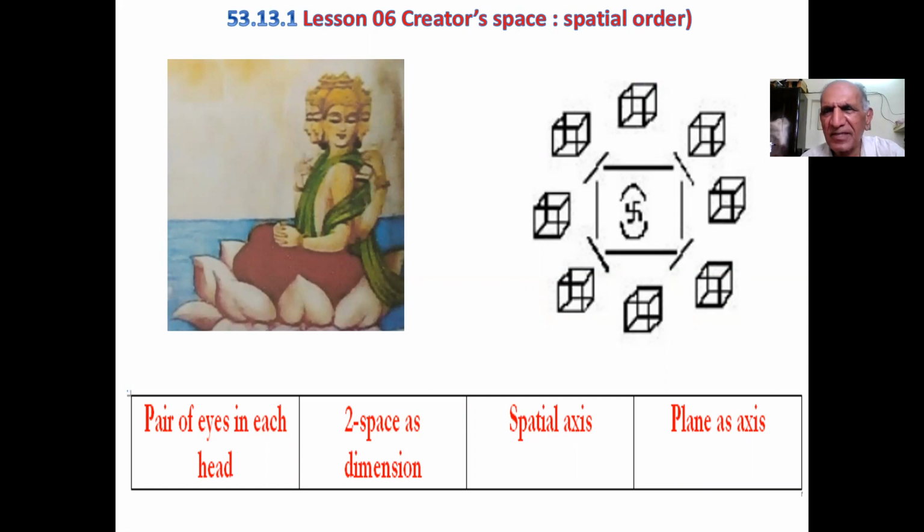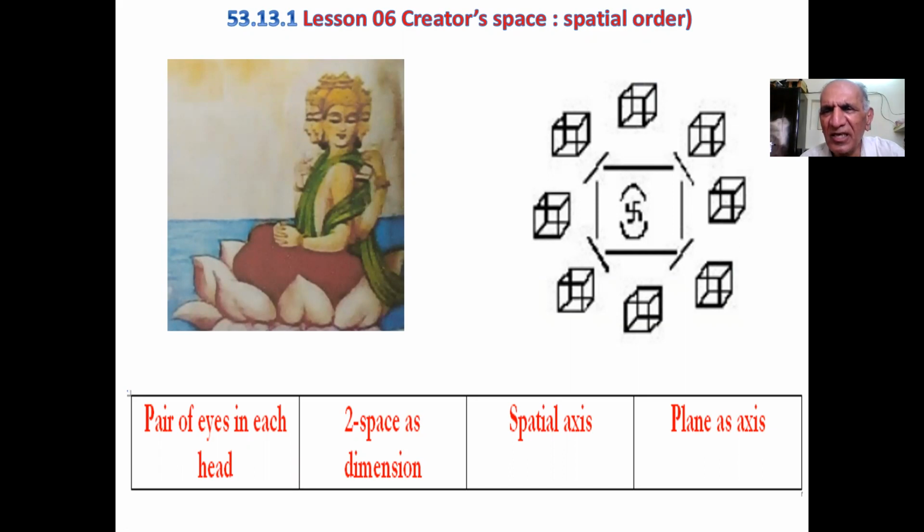Three space is a linear order space. Four space, the creator's space, is a spatial order space. The focus here in four space is upon plane as a dimension. In three space, we are having linear axis, line as axis.